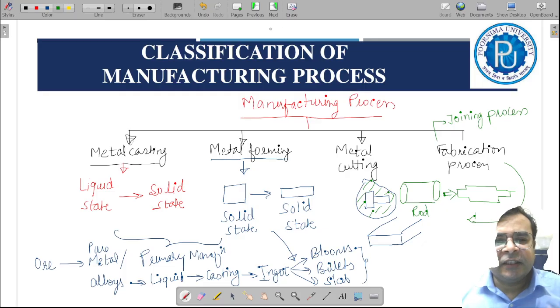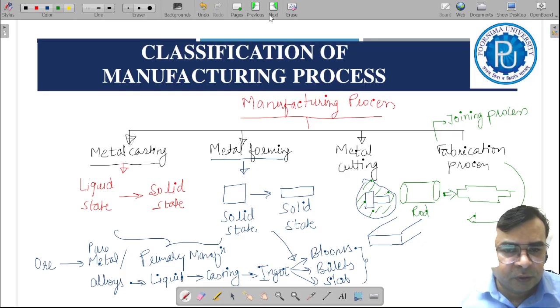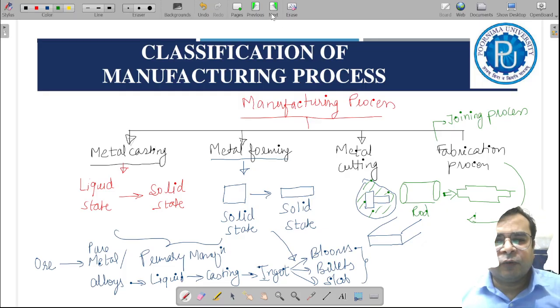These processes were used since 3000 to 4000 years back. We still use these processes, and obviously recent processes are more advanced than the previous ones. Advancement takes place, but the basic principle remains the same. That's why we study these processes.